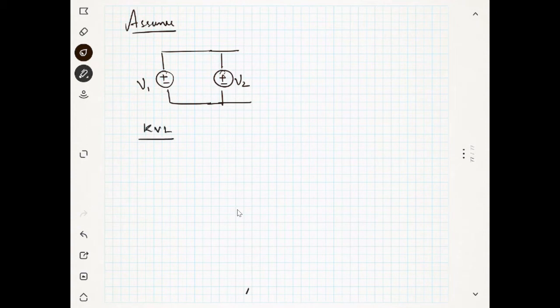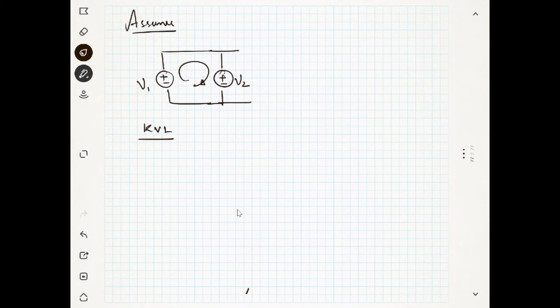Assume you have a connection, something like this, a voltage source V1, and you have another voltage source which is V2. What about this connection? It will be the same problem, except if V1 equals V2. So I will write the Kirchhoff voltage loop here. I will take the loop here.